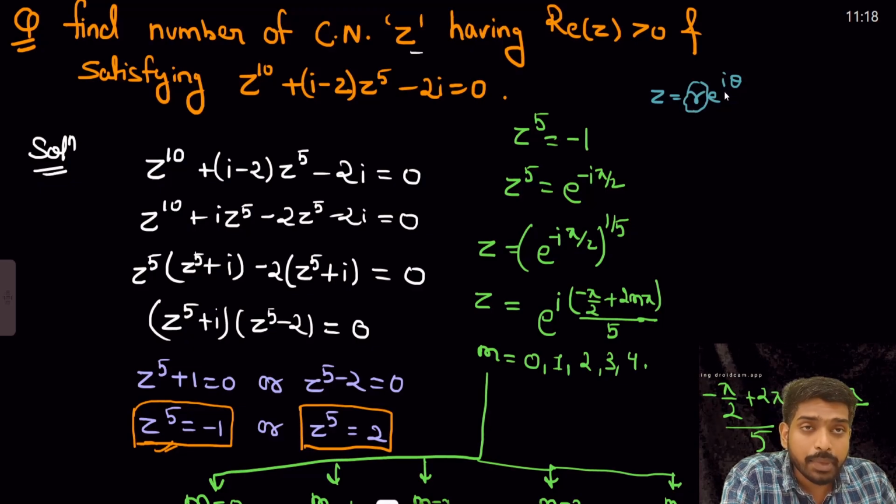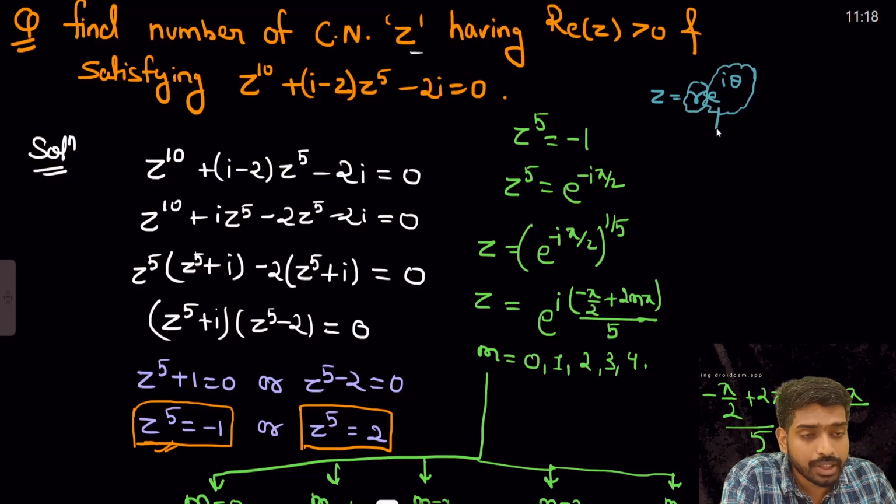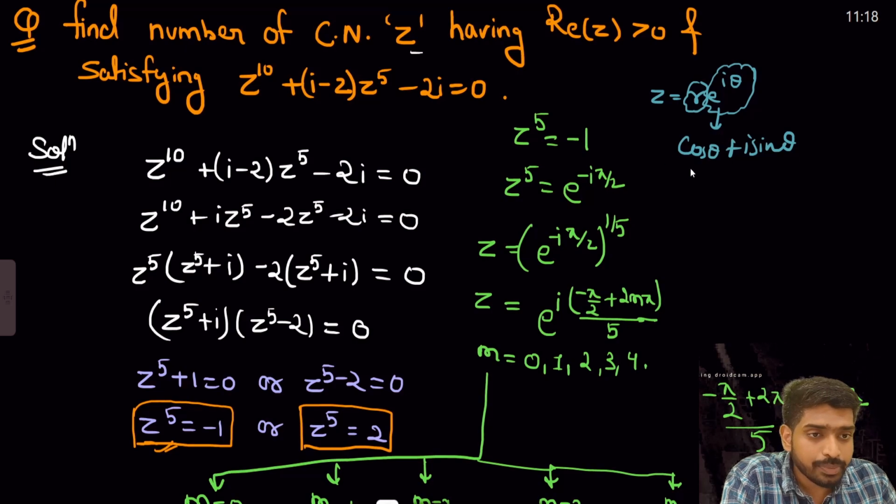Now whether the real part of the complex number will be positive or negative depends on this e to the power iota theta. What is e to the power iota theta? It is cos theta plus iota sin theta, where cos theta is the real part and sin theta will be the imaginary part. So we want this cos theta to be positive. When will cos theta be positive?